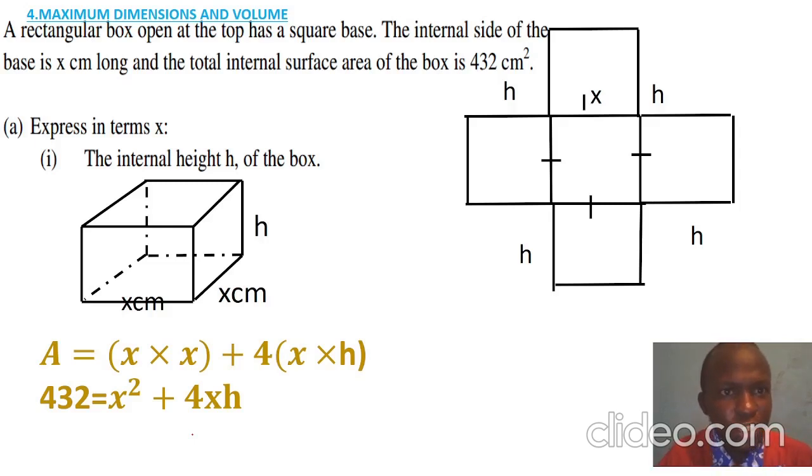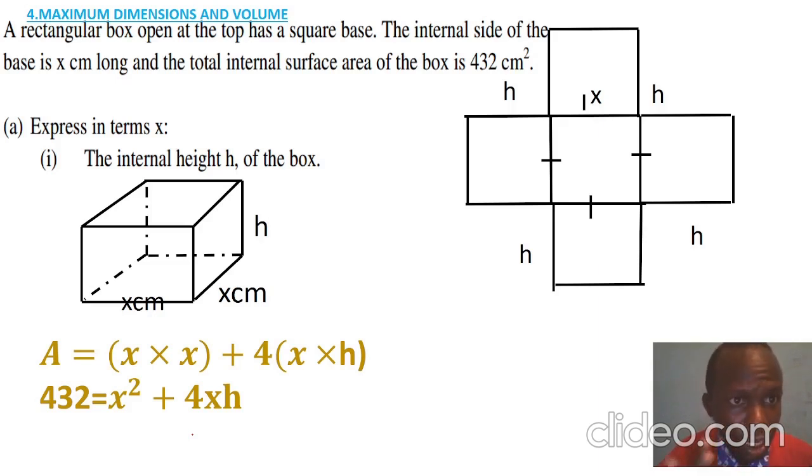Maximum dimensions and volume. Like I said in the introduction, I'm going to focus on a cuboid. There are many shapes that can be analyzed and modeled using differentiation, but let us look at this simple example.